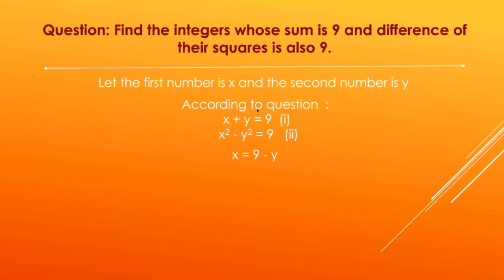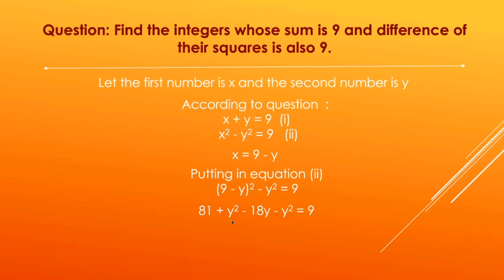From equation number 1, x is equal to 9 minus y. We will substitute the value of x in equation number 2, which is x square minus y square is equal to 9. We write 9 minus y whole square. Now we open this square with the formula a square plus b square minus 2ab: 81 plus y square minus 18y, minus y square is equal to 9.